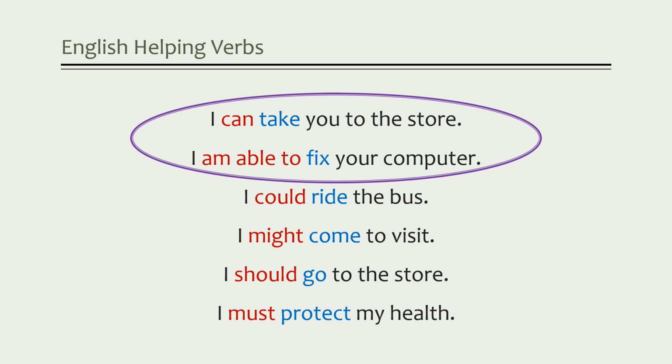Now, in English, we usually use can in both of these sentences. I can take you to the store. I can fix your computer. In the Myanmar language, one particle in this lesson could be used for both sentences, but there's a better particle for the second example. So let's start with the particle most used.